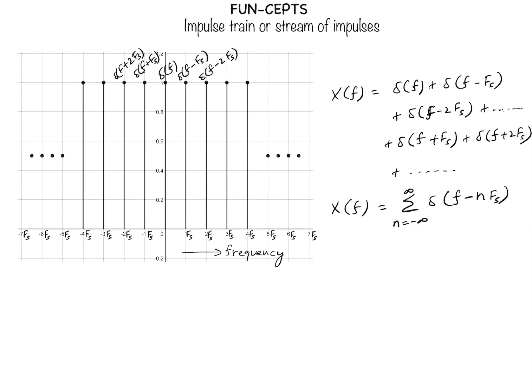Such a collection, which could be in the time domain or in the frequency domain depending on the independent axis, is called an impulse train or a stream of impulses. These find useful applications in the analysis and design of signals and systems, and in understanding many concepts related to communication systems and signal processing.